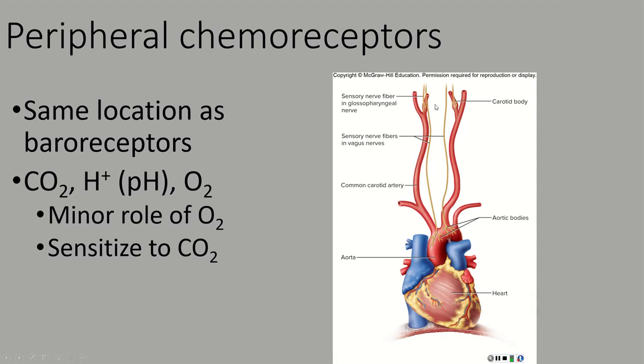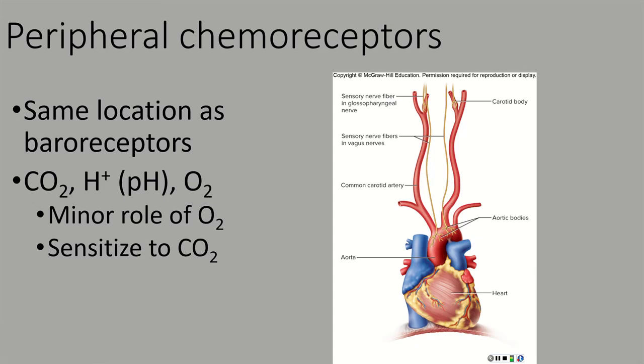They're up here at the carotid sinuses in the carotid bodies, and they're in the arch of the aorta in the aortic bodies. And these, they're not sampling the cerebrospinal fluid, these are sampling the blood directly.